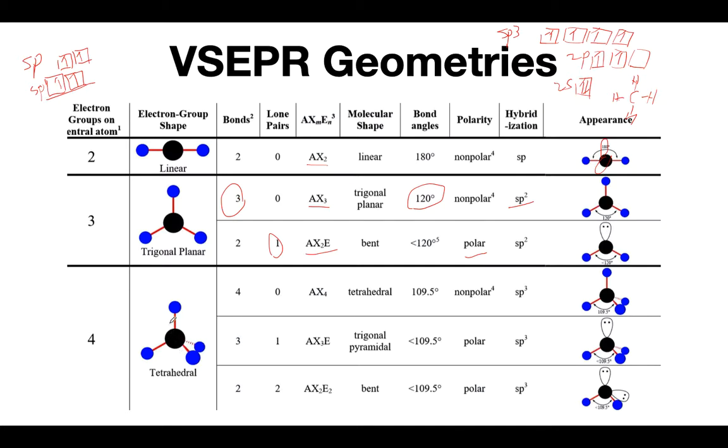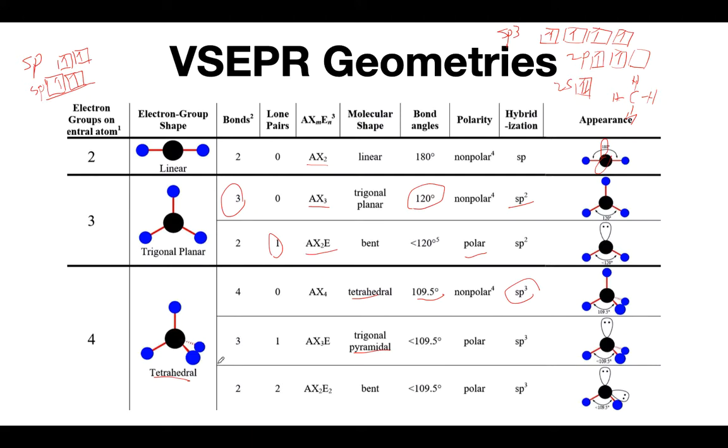Now for four electron groups, we know that's tetrahedral, right? So the tetrahedral can be this one, 4, that's tetrahedral, 109.5. So this is nonpolar, this is sp3, as we mentioned. But for this case, if there is 1 lone pair, so AX3E, trigonal pyramidal, because the repulsion between the lone pair and the bonding pairs is greater than between bonding pairs, this one is polar now, as the bond angle here is less than 109.5, right?